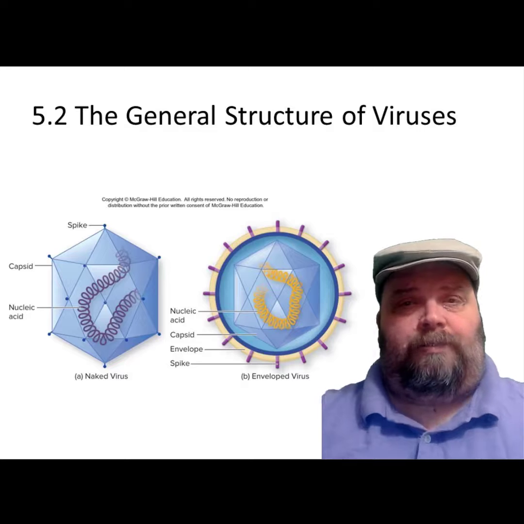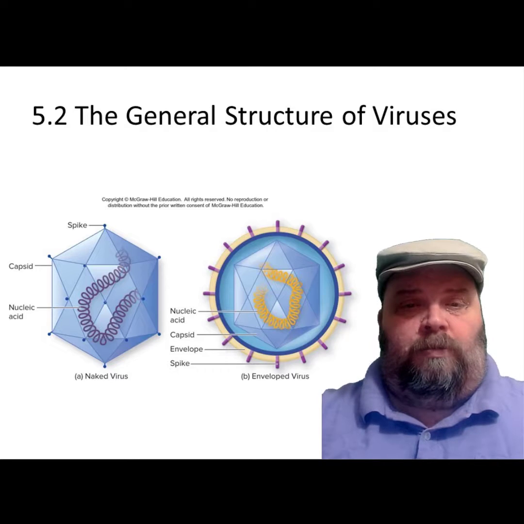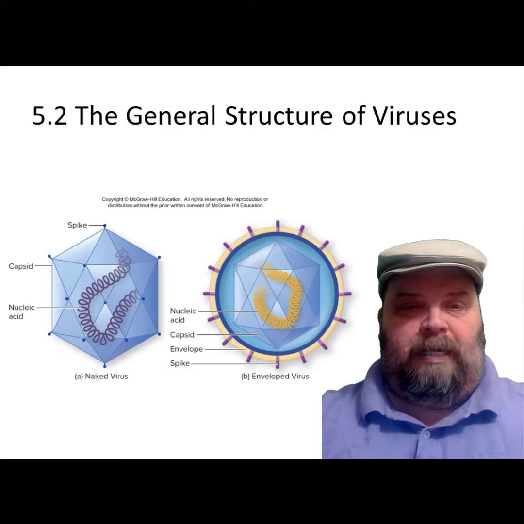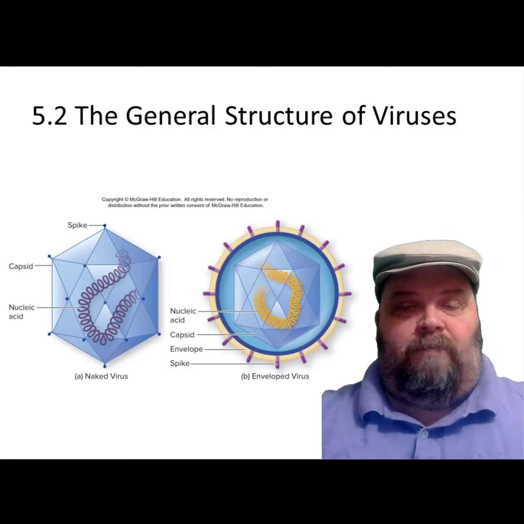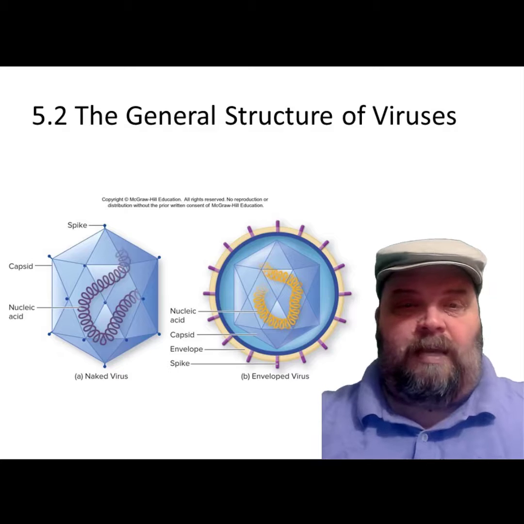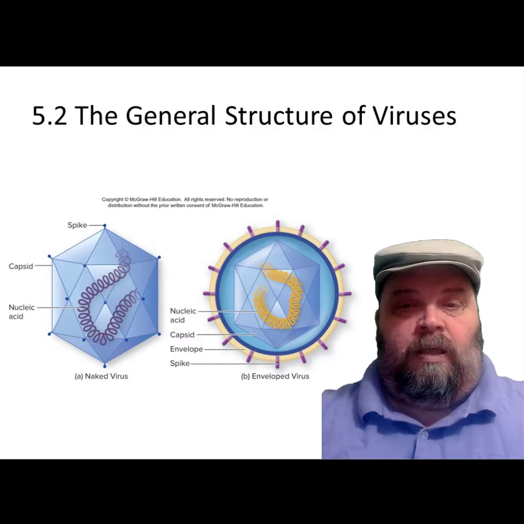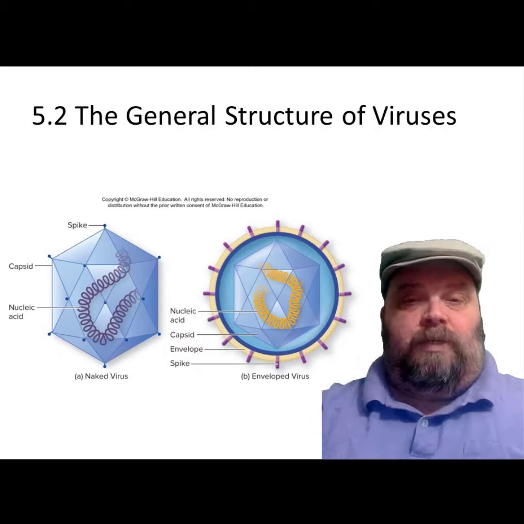So when you look at the two different types, notice the naked: a genome curlicued up in the center, wrapped around by a geometric shape. Each of the facets of that geometric shape, that capsid, made of proteins. And if it's enveloped, it's going to have a membrane wrapped around it.